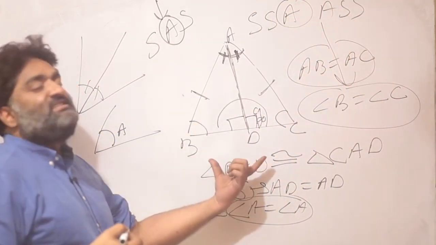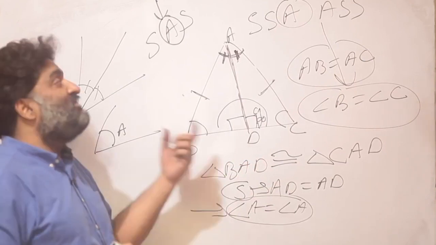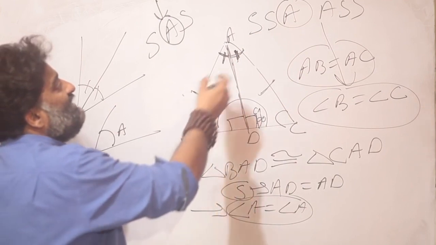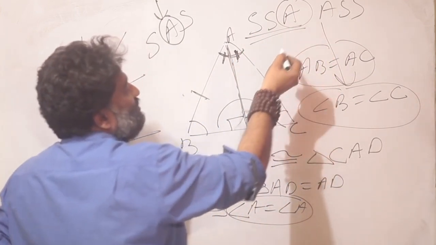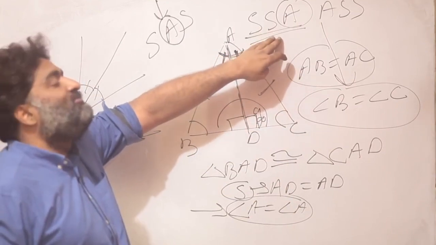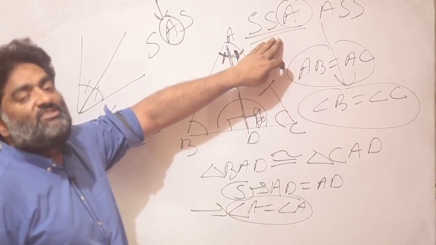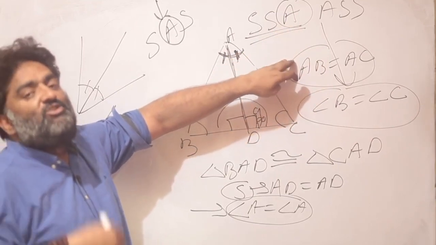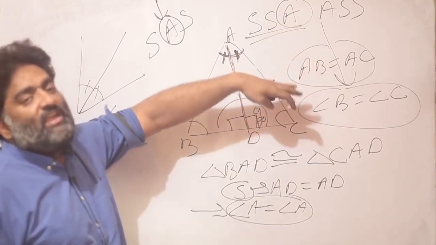Try and work out the same process, play with some diagrams and try and figure out whether this will work also or not. This will definitely work, but we haven't seen whether this works or not. So a little assignment for you, hit pause and figure out, can you create more than one triangle using this information? Say given two sides and a non-included angle were equal to each other, can you prove that they are congruent? And if you can, how will you do that?